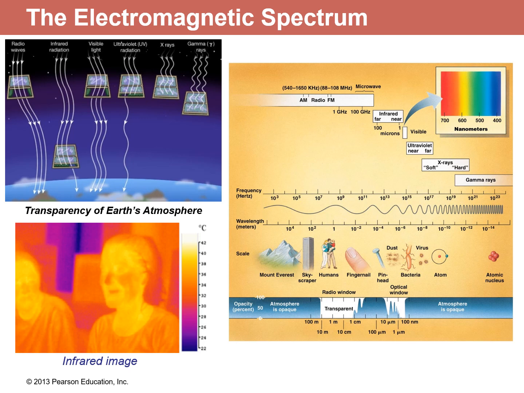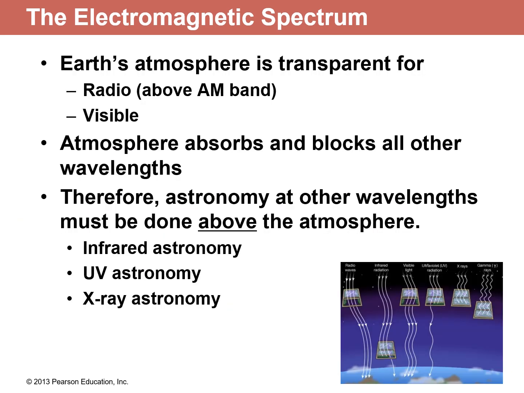So if we wanted to get some information from objects that are in space at other wavelengths, in the ultraviolet or in the X-rays or gamma rays, we would have to send a probe up high above the Earth's atmosphere before that radiation is blocked. And you can see here, this next slide just summarizes that: the Earth's atmosphere, I'd like you to remember, is transparent in two areas.